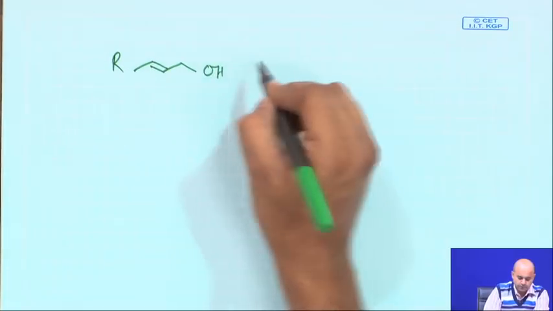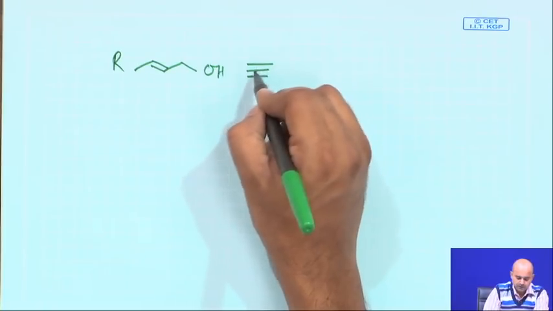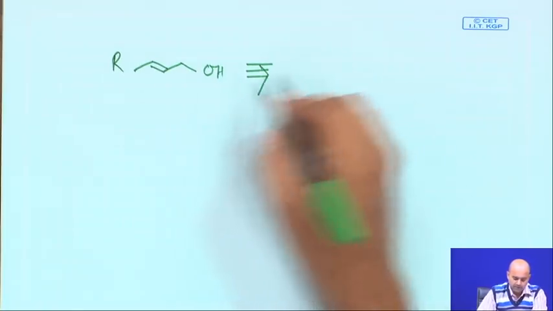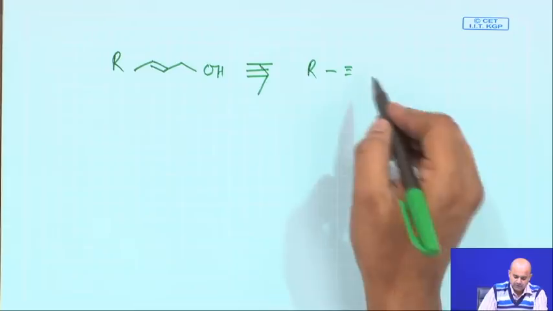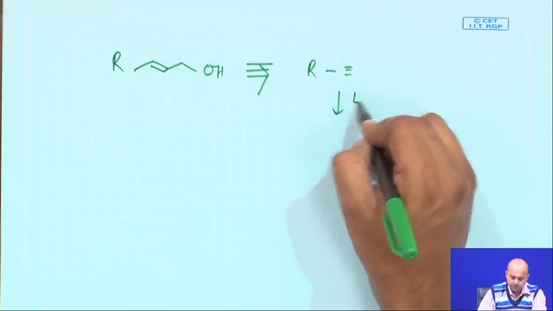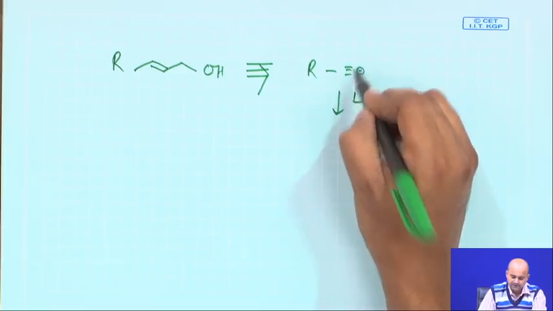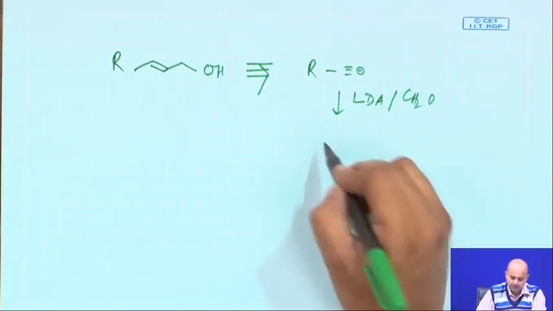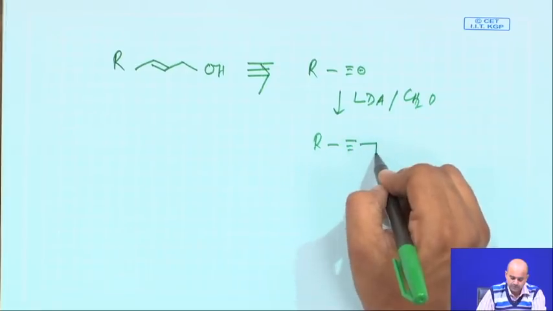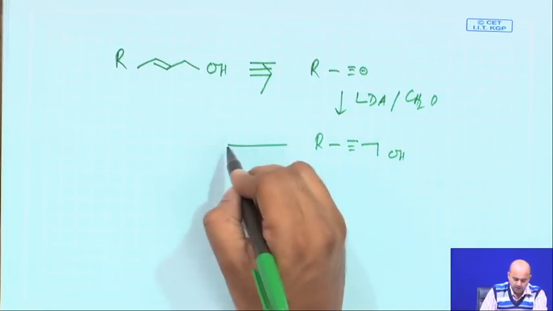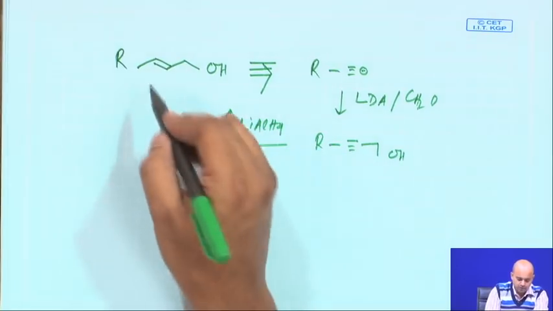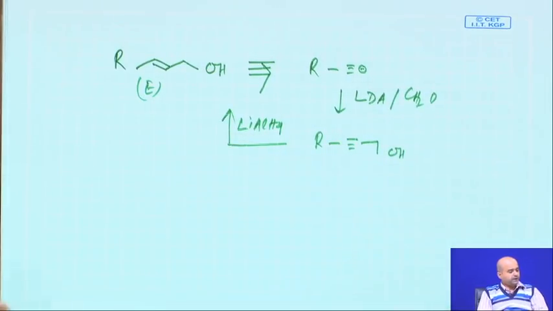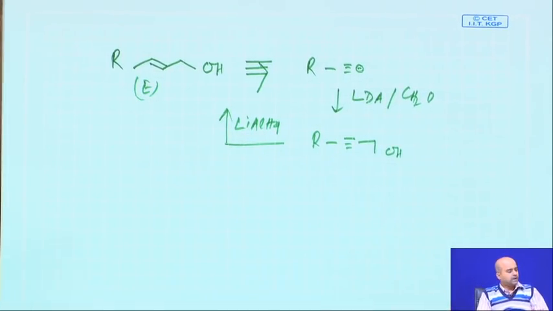If I give you a retrosynthesis like this, asking how you can make this molecule, you can start with this triple bond, use a base to generate an acetylide and react it with formaldehyde to get this propargylic alcohol. Then you react this propargylic alcohol with lithium aluminum hydride to give you the E allylic alcohol. This is a very simple and straightforward reaction which will solve your problem.